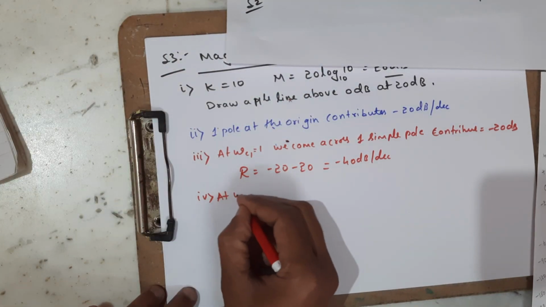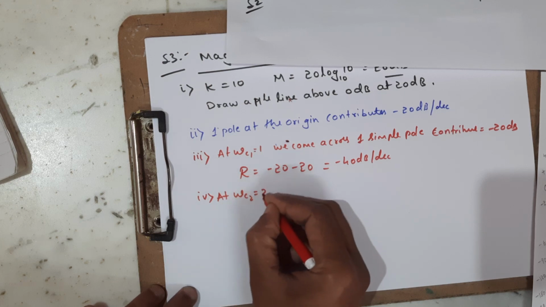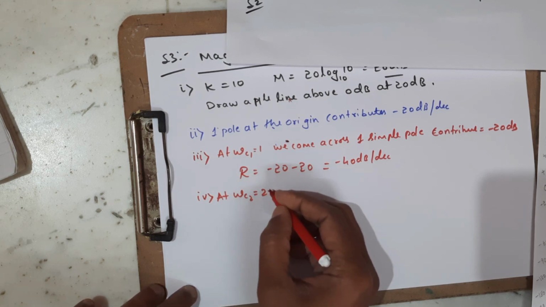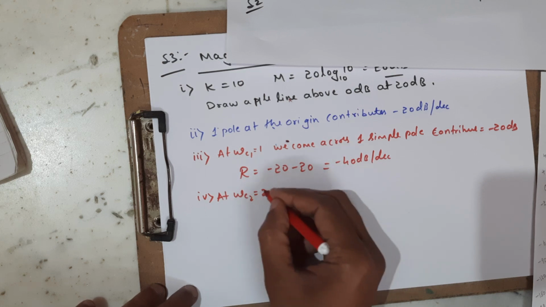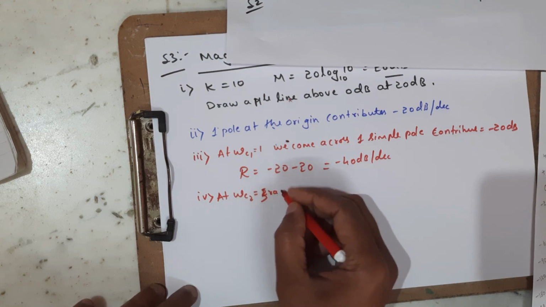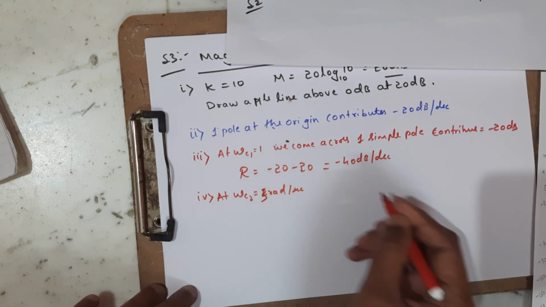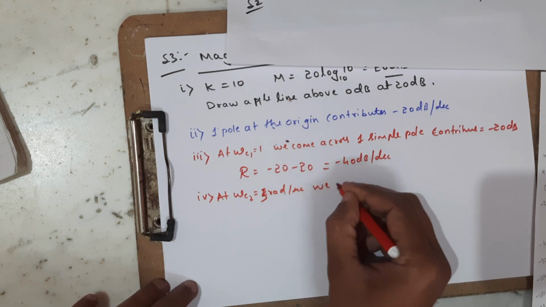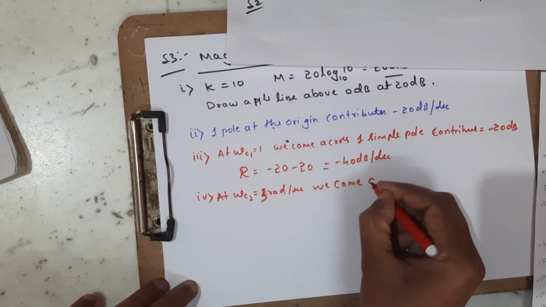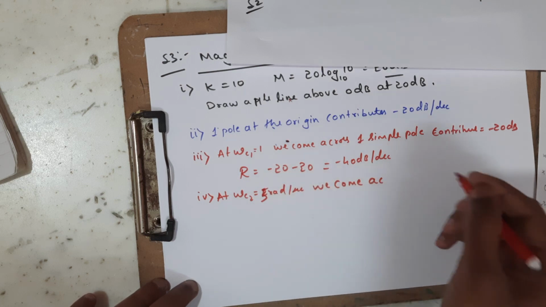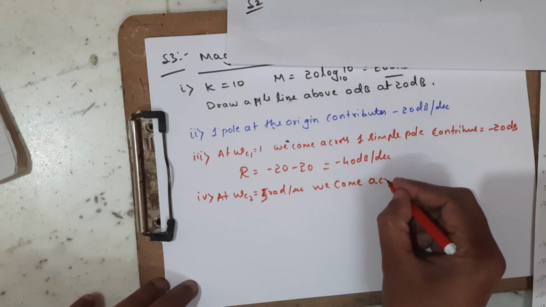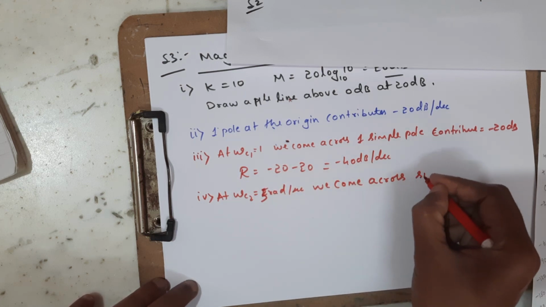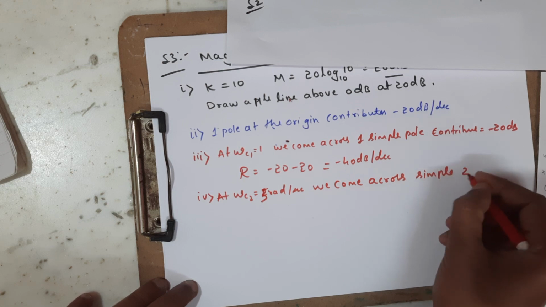At omega c2, that is 5 radians per second, we come across a simple zero.